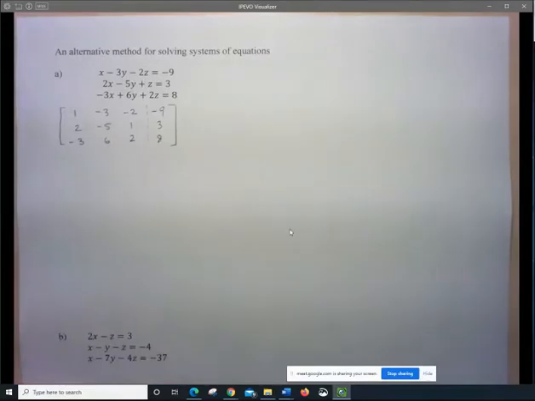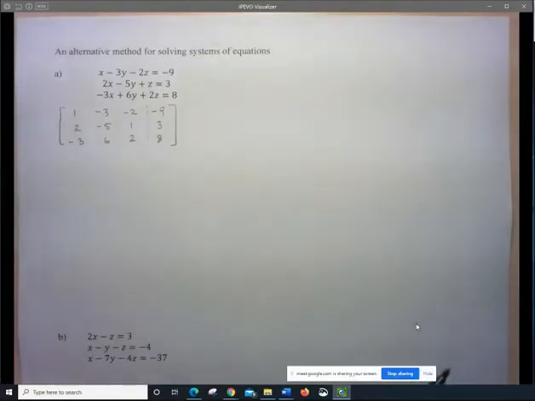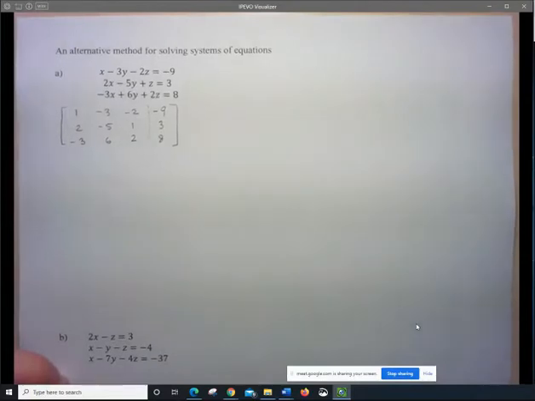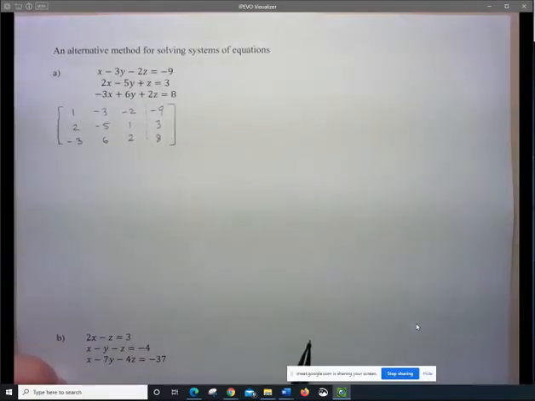In fact, exactly like what I did here: I multiplied this by 2 in order to eliminate the 2x here, and multiplied this by 3 in order to eliminate the negative 3x there. So we're going to do the same thing, except with these rows. There we go. That's a little clearer.